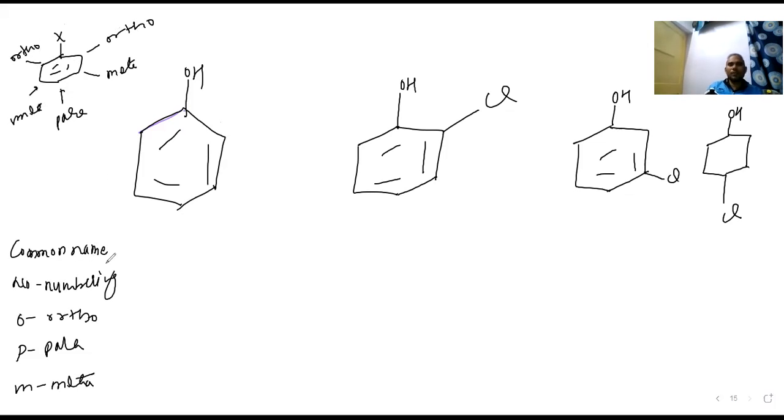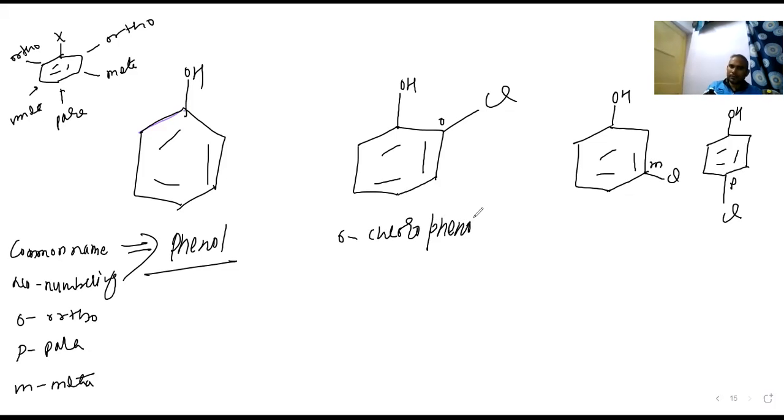You know the IUPAC name very well. Can you tell me the common name of this? This one is phenol itself. What about this one? This is O, this is M, this is P. So we write orthochlorophenol, metachlorophenol, and parachlorophenol.